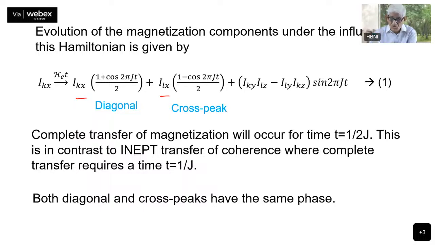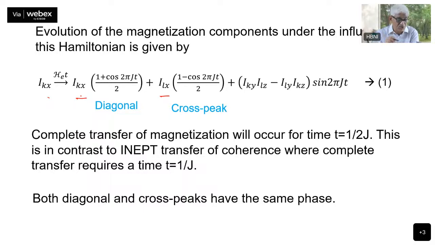Okay. So now, another thing you can see here is IKX giving IKX and ILX. In the COSY spectra, what did we get? IKX and ILY, right?